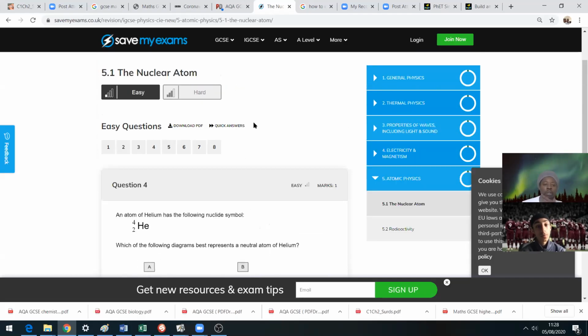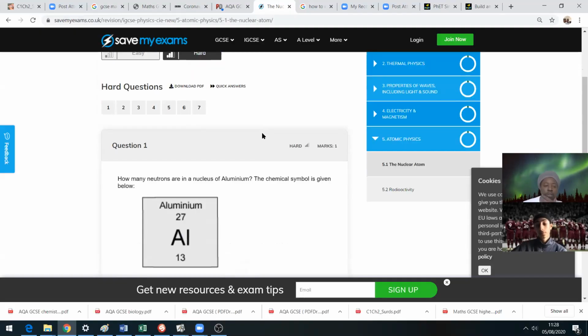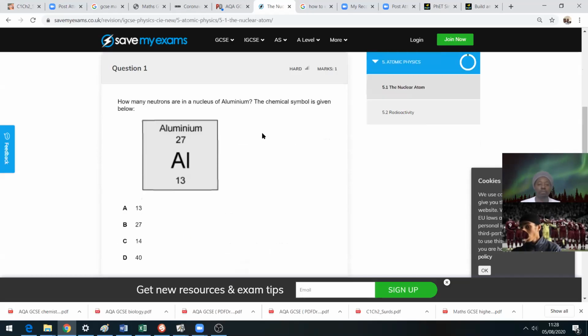Okay, so those were four easy ones. Should we try and pick some hard ones? Yeah. Okay, good. Would that just be 14C? 14, correct. Nice one.